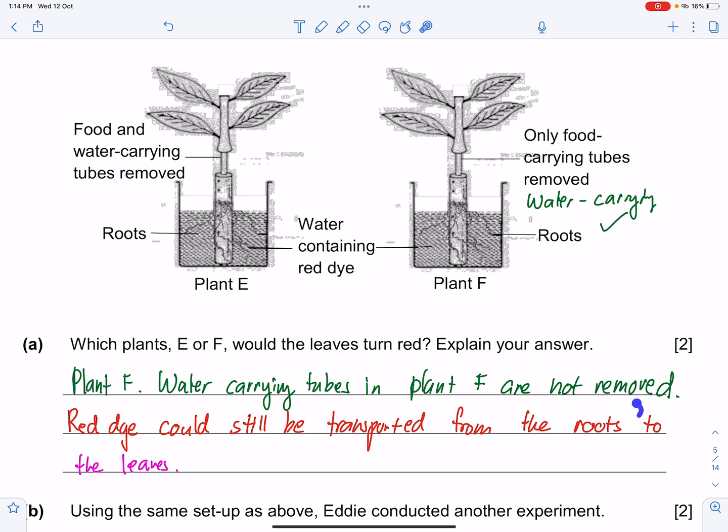So if you do not mention the roots, okay, you lose half a mark. Because the function of the roots is to absorb the dye, the water. So without stating that the roots are present, you do not get the full marks. It's as simple as that.